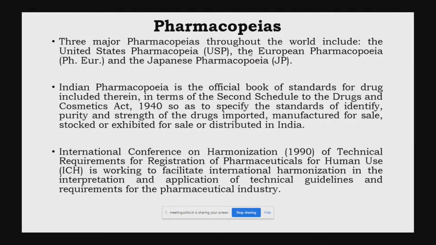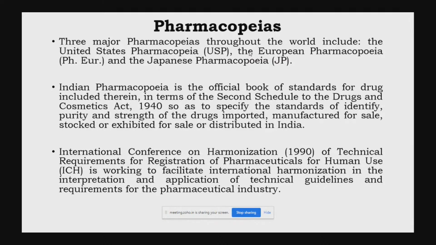Moreover, the Indian Pharmacopoeia is the official book of standards for drugs, included under the second schedule to the Drug and Cosmetic Act 1940, so as to specify the standards of identity, purity, and strength of drugs imported, manufactured for sale, stocked, exhibited for sale, or distributed in India.